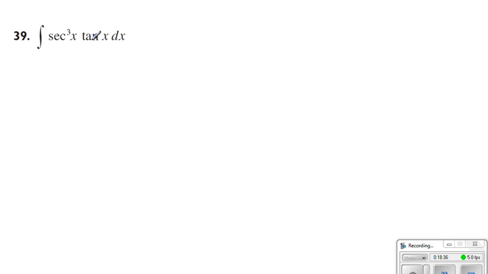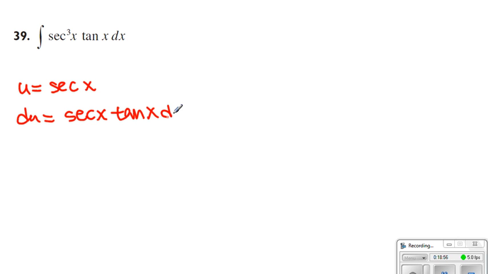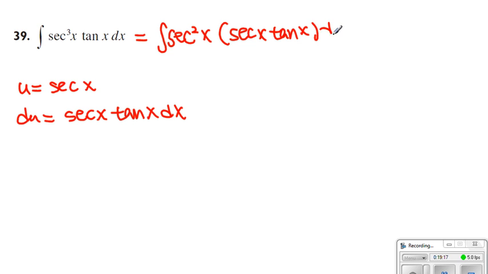That's right. The fact that we have secant cube and tangent, and if you remember, if you said u as secant x, then du in fact becomes secant x tangent x dx. In other words, we can rewrite this one as secant square x, and having one of the secant with the tangent, to become secant x tangent x dx.